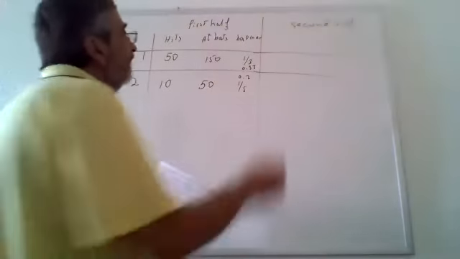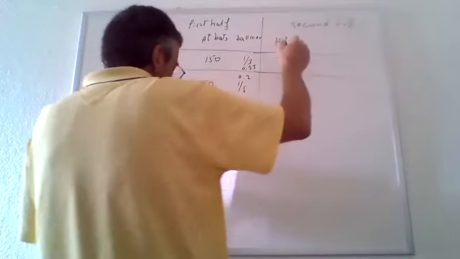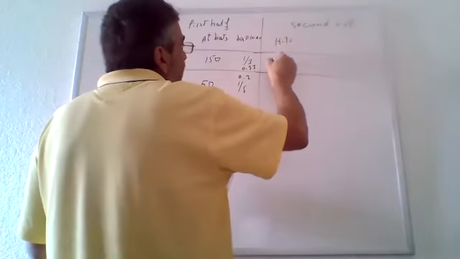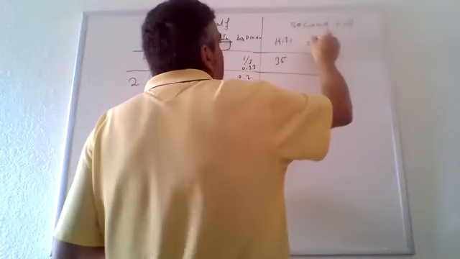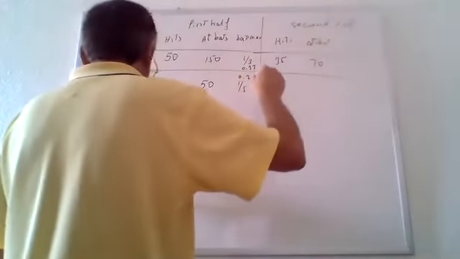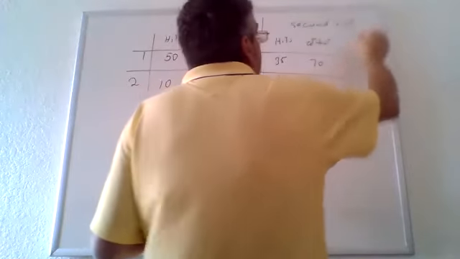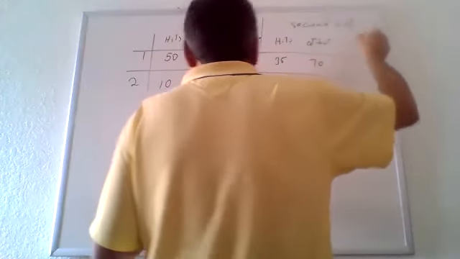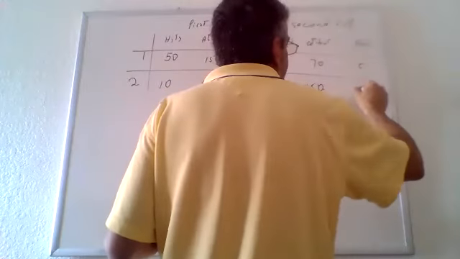In the second half, we have hits. Player one had 35, and then at bats we have, say, 70, and then we also have 70 to 150. For average, we have 0.5 and 0.467.